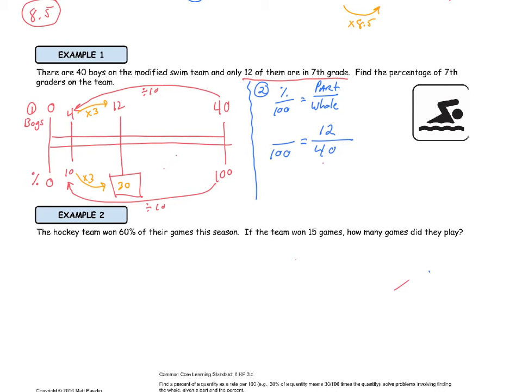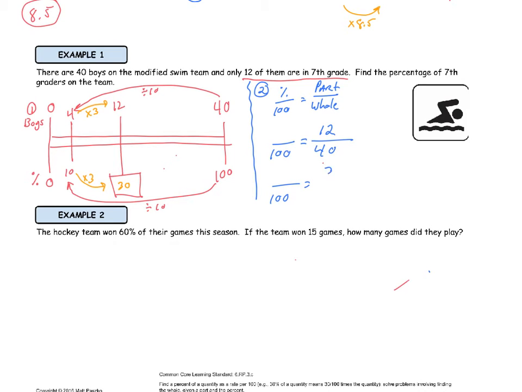Now, I can't think of a number that 100 divided by will give us 40, or 40 times something will give us 100. So what I can do is break down the fraction of 12/40. We'll keep our fractions equal to each other. I can divide both the top and bottom by 4.